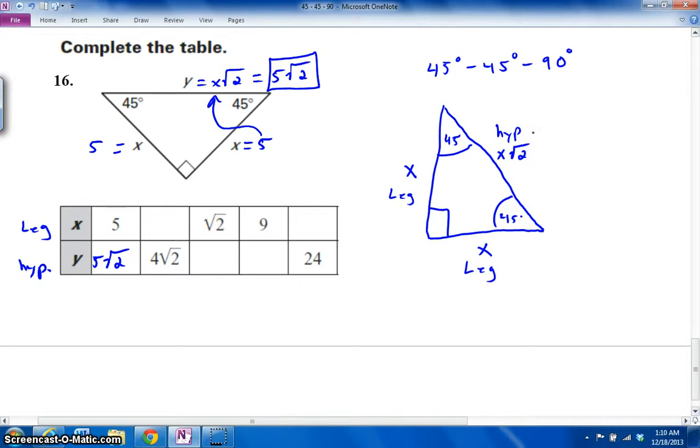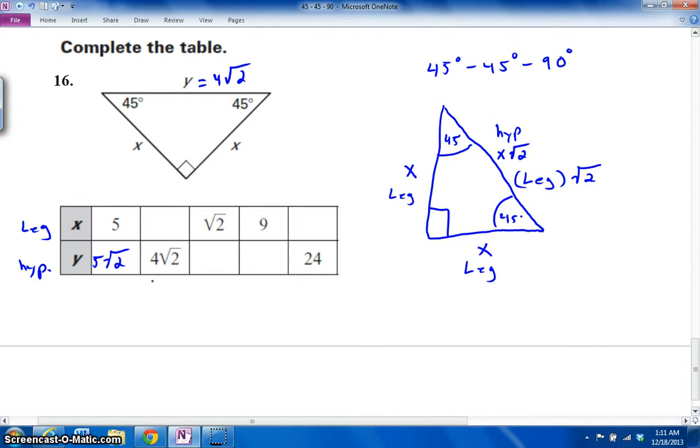Another way of putting it is that your hypotenuse is your leg times the square root of 2. So since the leg is 5, multiply the square root of 2 to it, we get 5 square root 2. Alright, so let's try the next example. Now this example is telling us that our hypotenuse, y, is equal to 4 square root of 2.